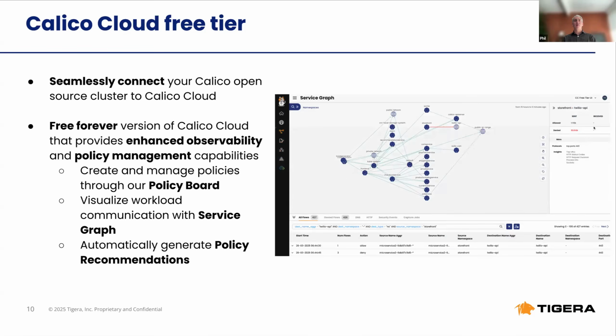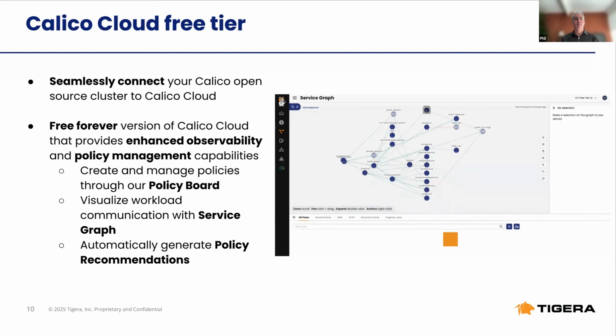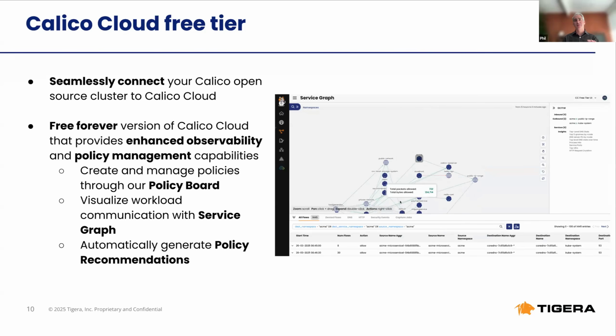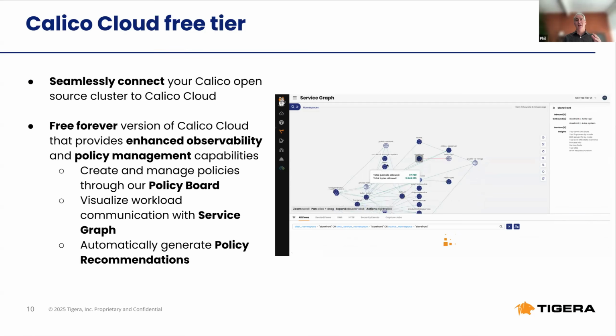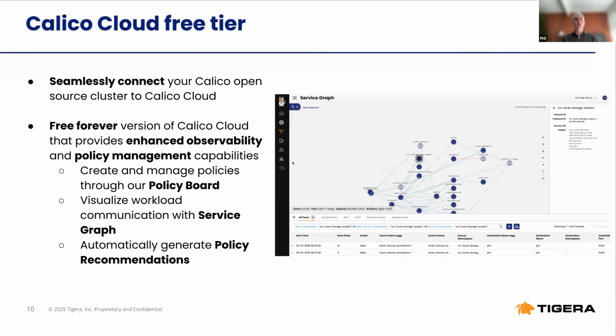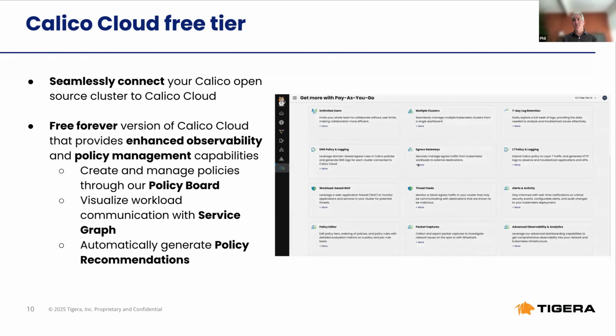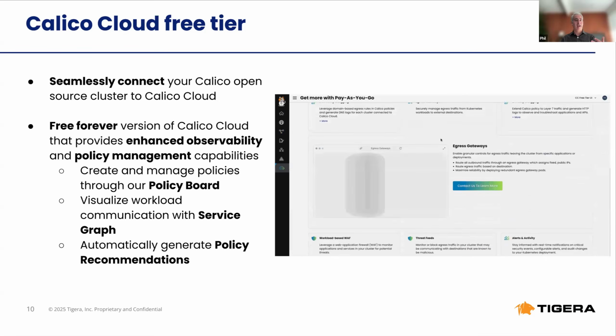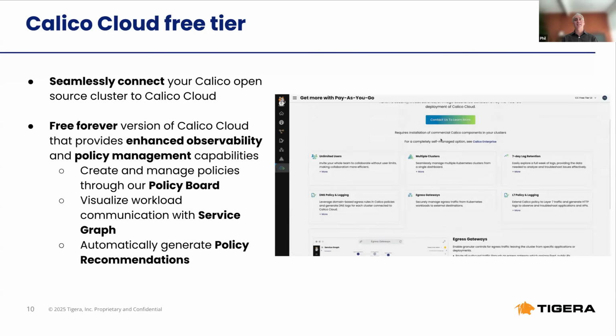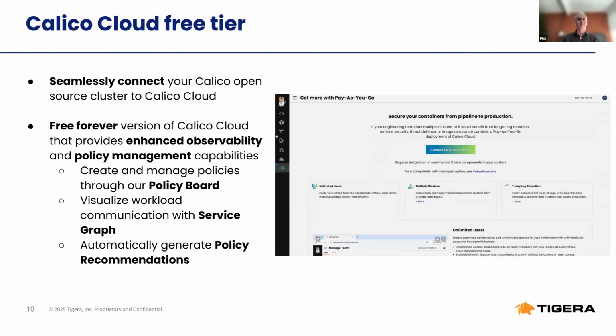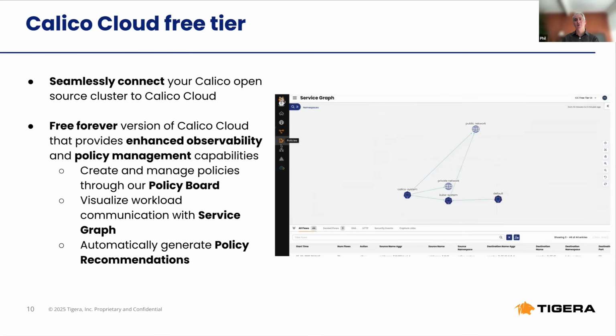The other thing I just want to point out is this is Calico Cloud. This free service is really read-only access to your cluster. So as part of connecting your cluster, we're not asking for any onerous permissions in terms of RBAC. We really just need to read the Kubernetes API.